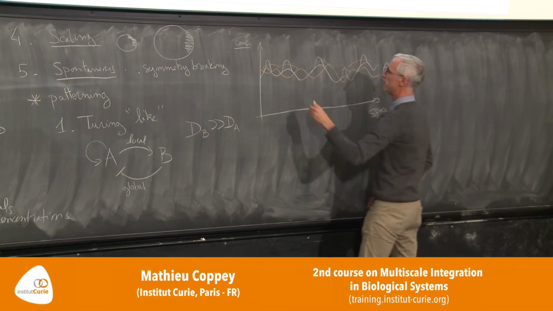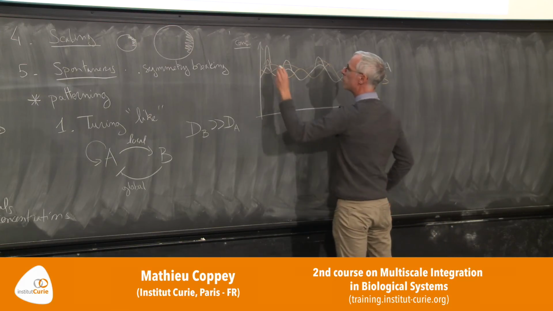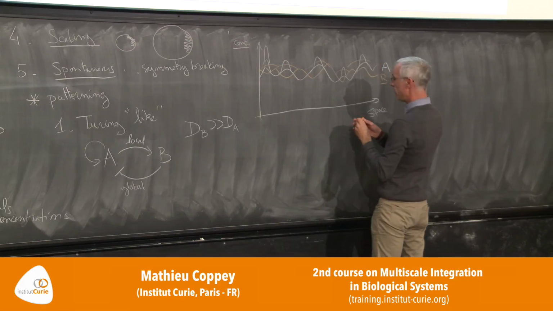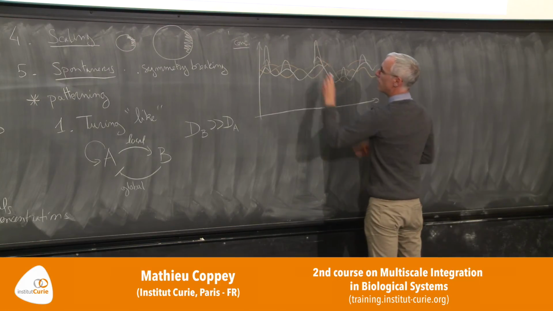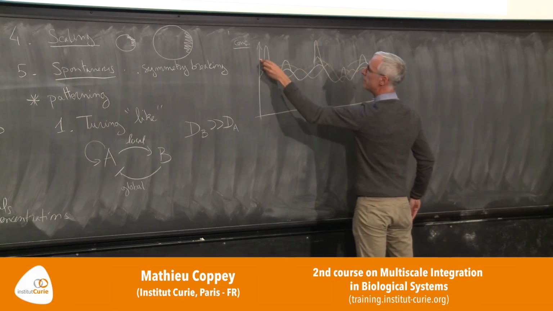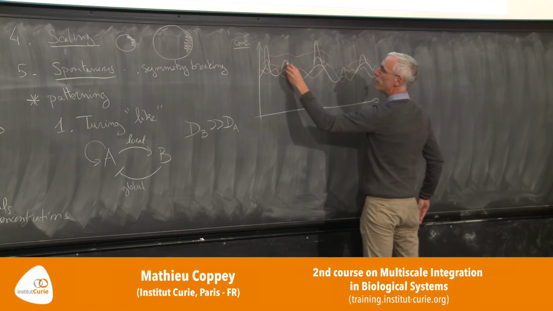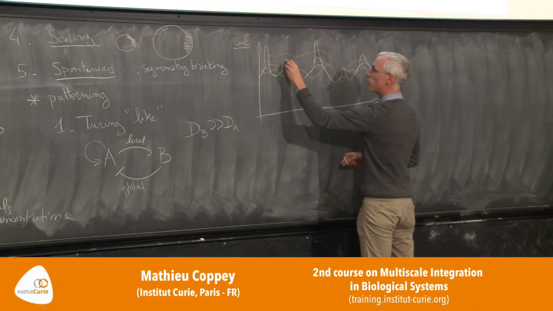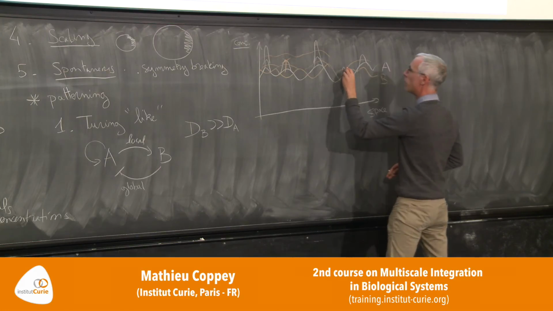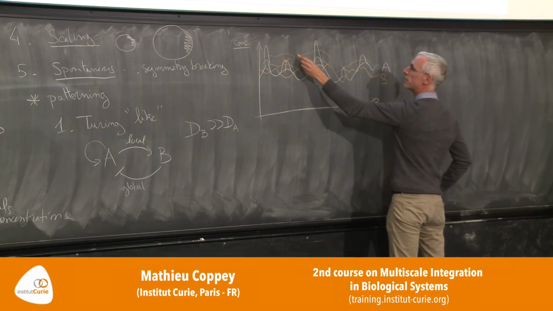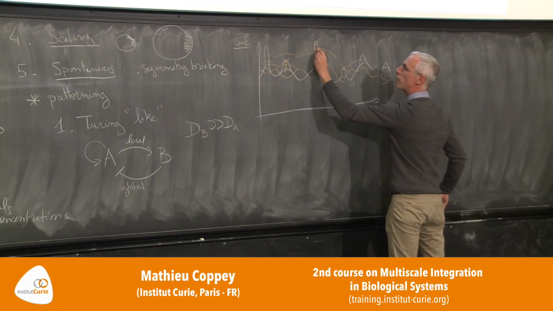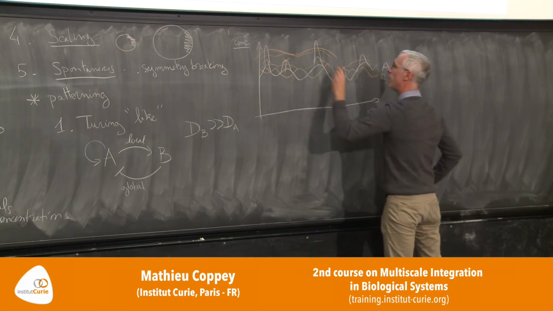And over time, basically, this peak is going to rise, maybe this one as well. And since they're going to build up some B's here that maybe will sum with this one, they are going to kill these peaks. So this one will disappear. This one also maybe will disappear because of the B's that diffuse faster and are built on a longer wavelength.